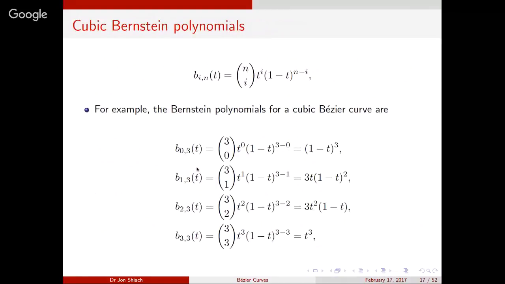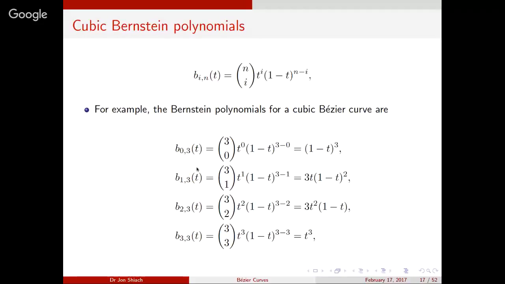Okay, so for my example of a cubic Bezier, that's my Bernstein polynomials. I have i going from 0, 1, 2, and 3, and n is of course 3. So 3 choose 0 is just 1. t to the power 0 is 1, because anything to the power 0 is 1.